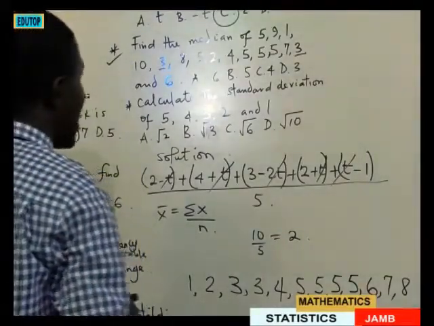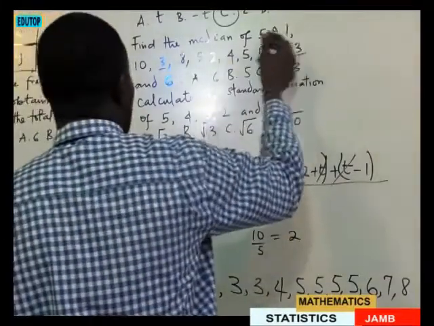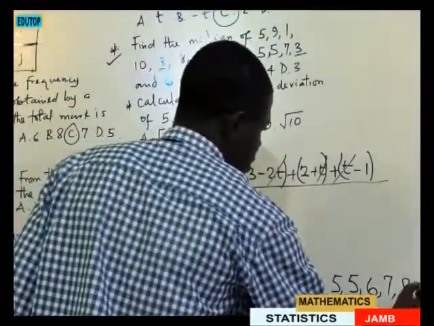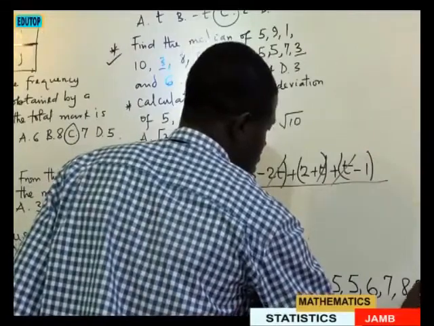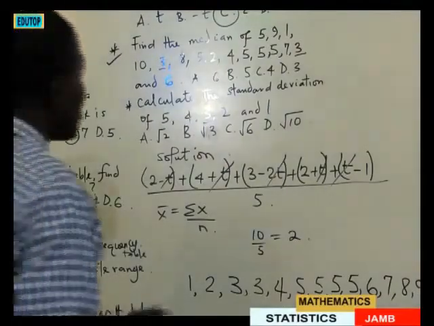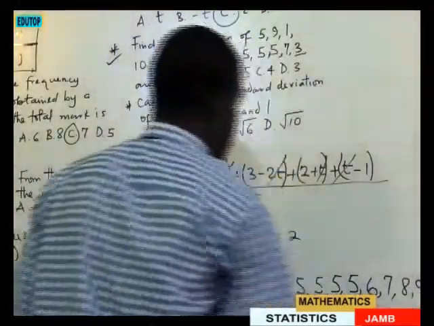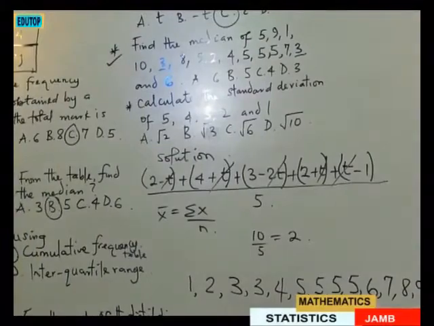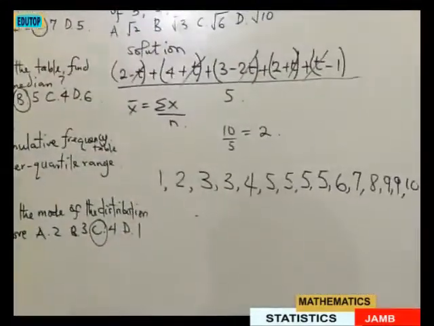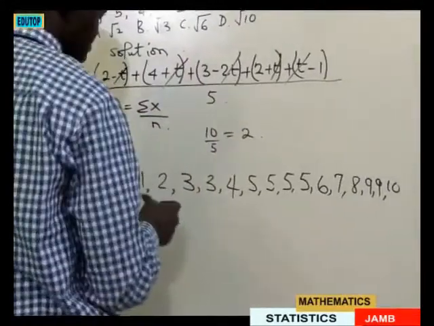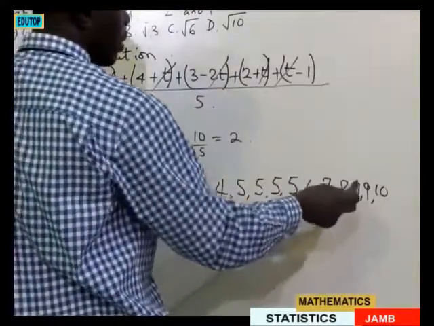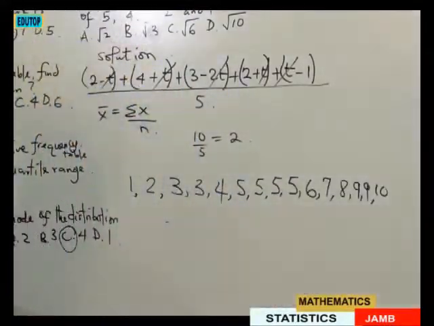Then 9. How many 9 do we have? 2. Then let's move to 10. How many 10 do we have? 1. After 10, there is no other number greater than 10. So let's count the numbers so that they will be up to 15: 1, 2, 3, 4, 5, 6, 7, 8, 9, 10, 11, 12, 13, 14, 15. Yes, they are now 15.